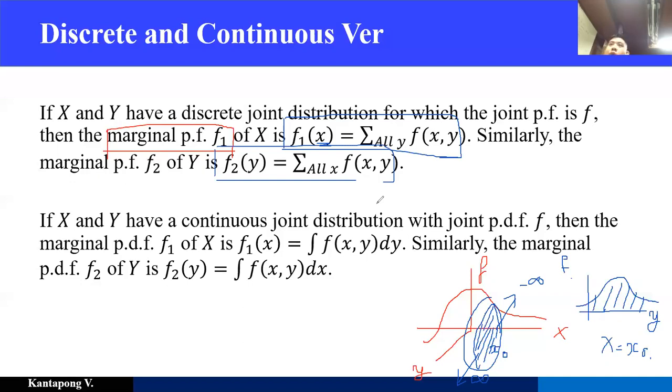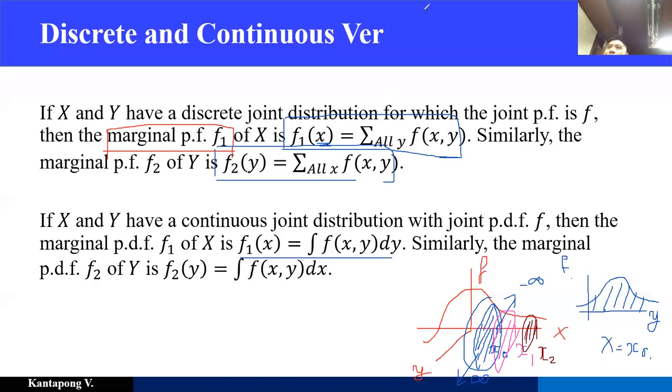If x and y have a continuous joint distribution, the marginal PDF of x is integrated, very similar, okay? It is integrated between these limits, for x0. But we can take it for another x, like this, and another x, maybe a bit smaller.